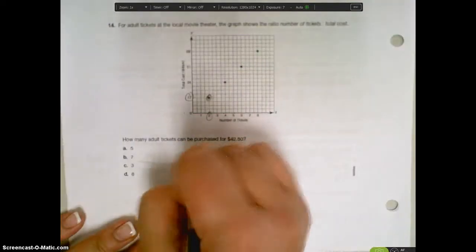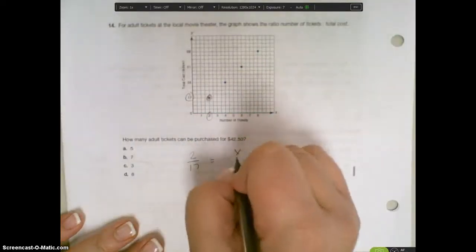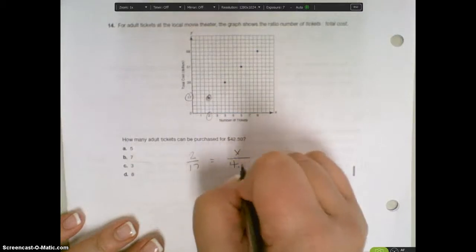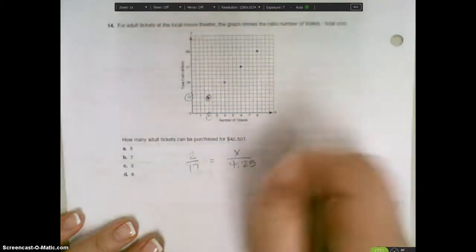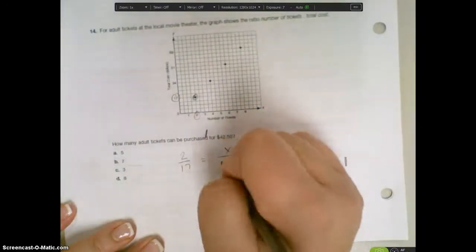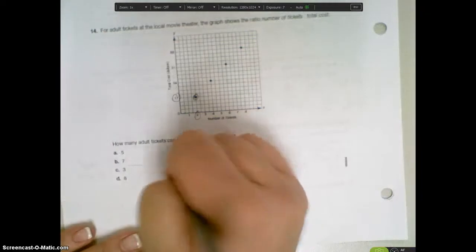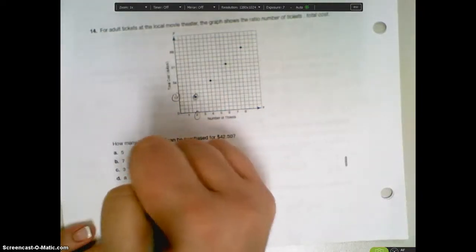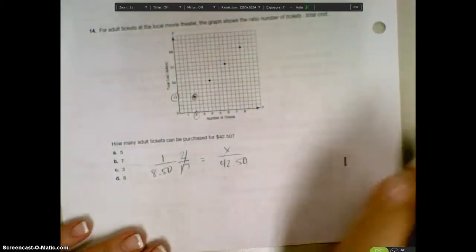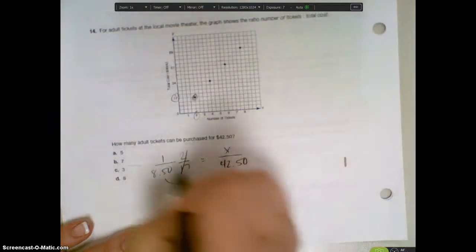So if 2 tickets cost $17, I want to know how many tickets will cost $42.50. Oh, that doesn't say $42.50 at all. And my pencil broke again. $42.50. So I'm going to simplify this to 1 ticket for $8.50. And then once I find my scale factor, I will know how many tickets.